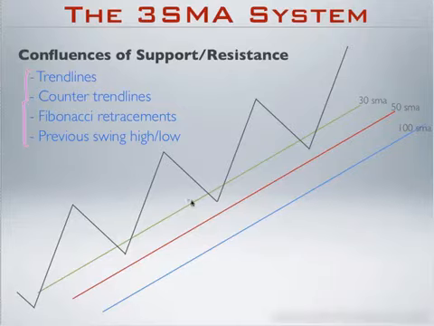If we find any of those elements around the dynamic area of support and resistance, that's going to increase the possibility of a bounce, because now we not only have the moving averages, the dynamic area of support and resistance, but we also have some standard elements of support and resistance strengthening that signal, or rather strengthening the possibility of a bounce.